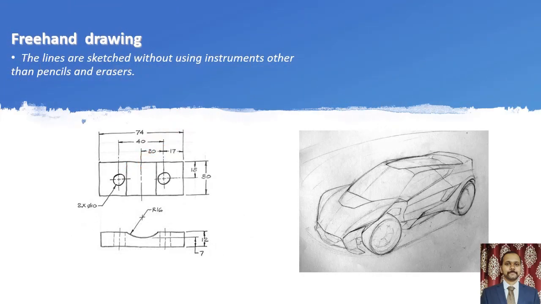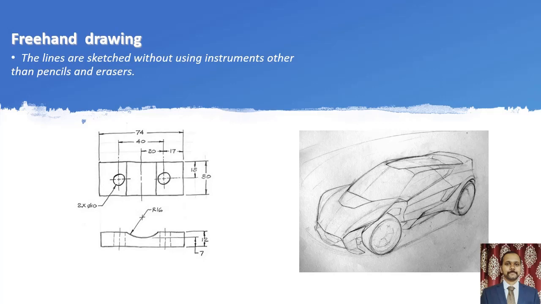So anything that comes to your mind, if you see this car as an example, first we are going to produce the sketch, a freehand sketch we can say, with the help of pencil and paper without any instrument.